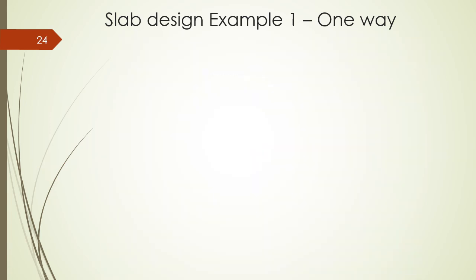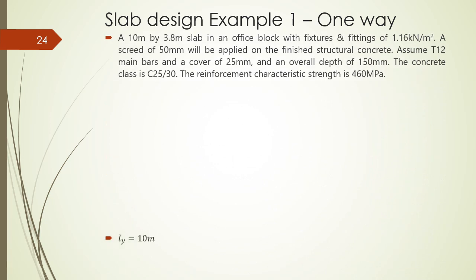From the question, we will determine that the longer span Ly is 10 meters, in the shorter direction, Lx is 3.8 meters. Ly over Lx will give us 2.63, which is more than 2, and therefore this is a one-way slab.